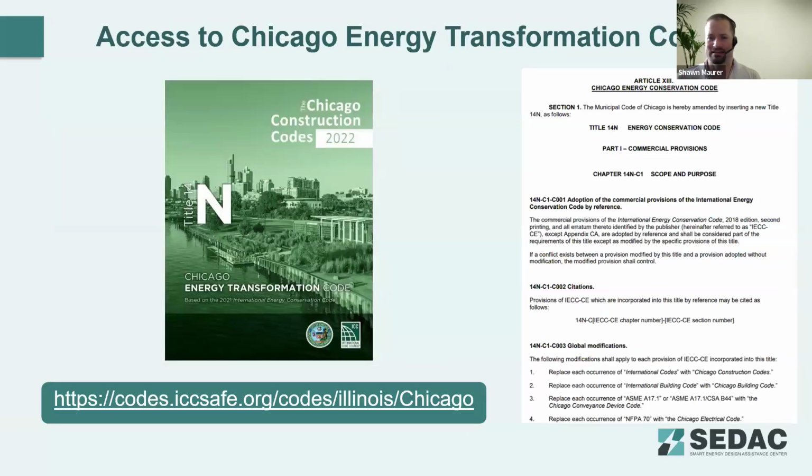As with the IECC, the City of Chicago has worked with ICC to get their code published and sourced at ICC's website. Illinois is working on an adaptation as well, and that may be published to the ICC. So that, again, incorporates all the amendments. You're not having to reference separate booklets. They're all in one place.